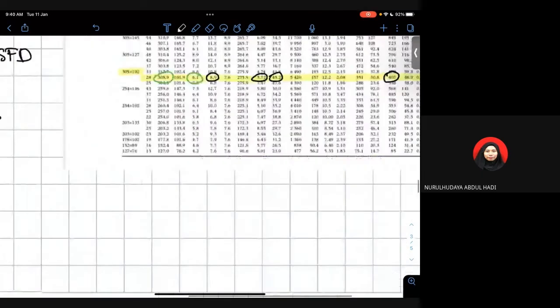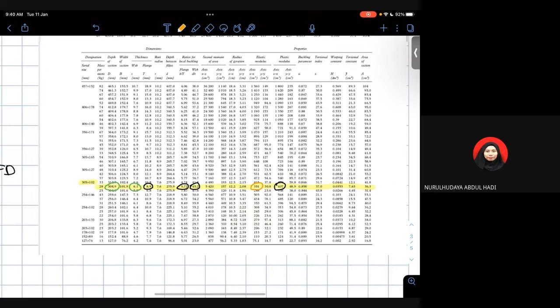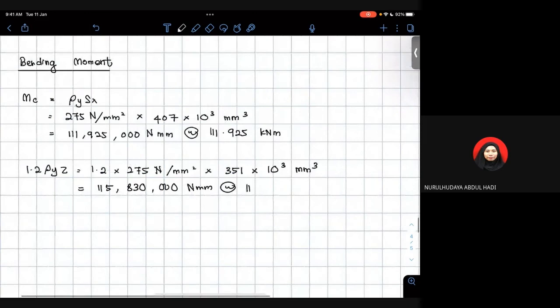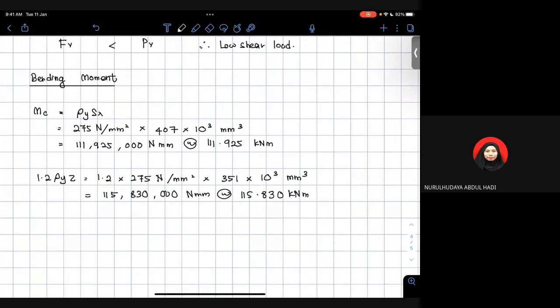Tengok pada section ni lagi, 351 centimeter cube. Kita akan tukar dia into millimeter cube, darab 10 kuasa 3 lagi. 115,830,000 Newton millimeter, 115.830 kilonewton meter. Compare kan, kita dapat 1.2 PY Z is bigger than MC, or MC is less than 1.2 PY Z.